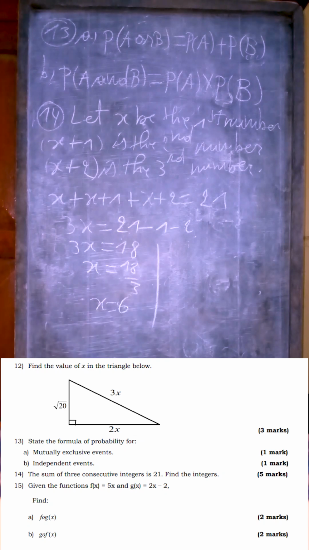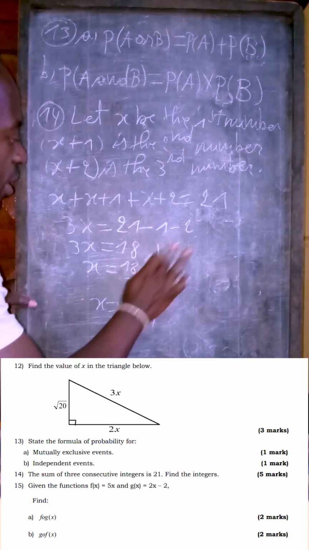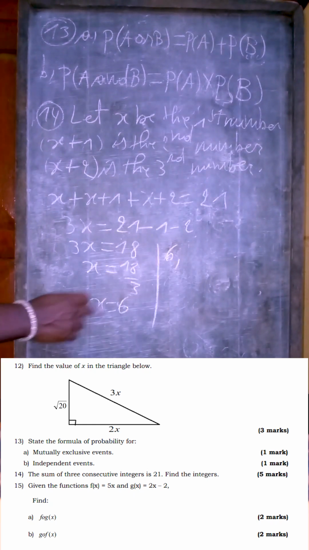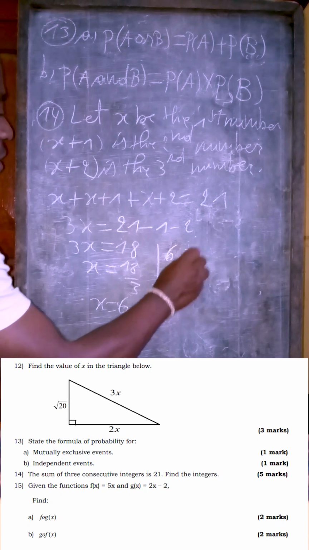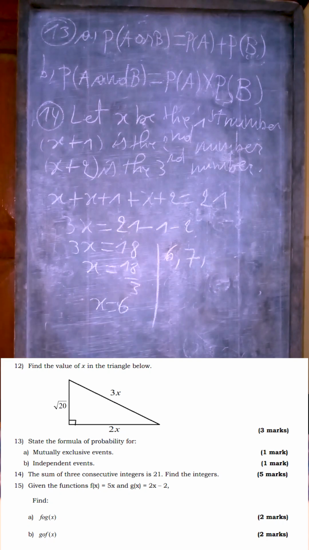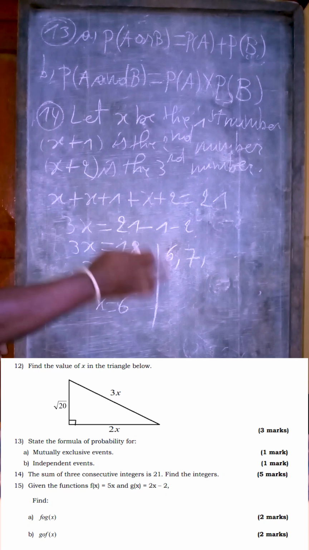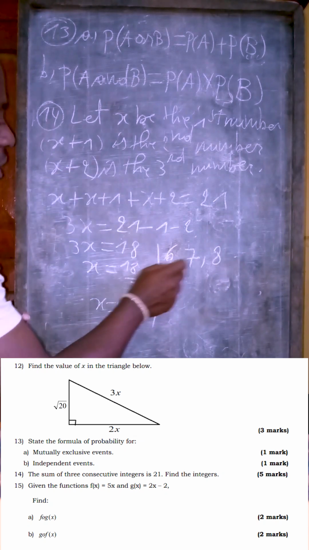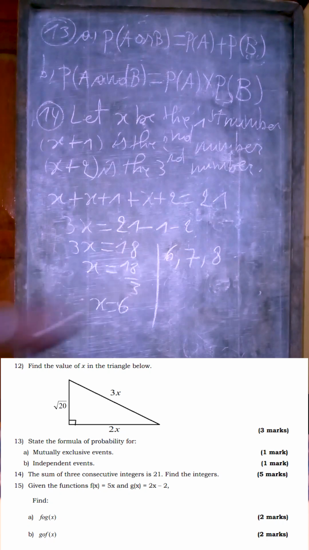If x is equal to 6, the first number is 6. The second number is x plus 1, which means 6 plus 1 is 7. And the third number is x plus 2, which means 6 plus 2, and it is 8. The three consecutive numbers are there.